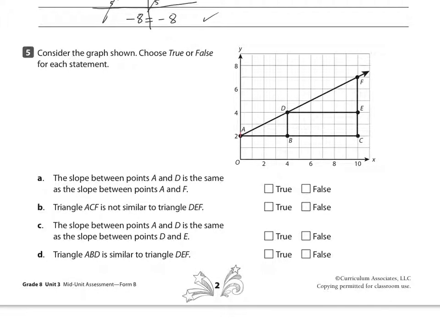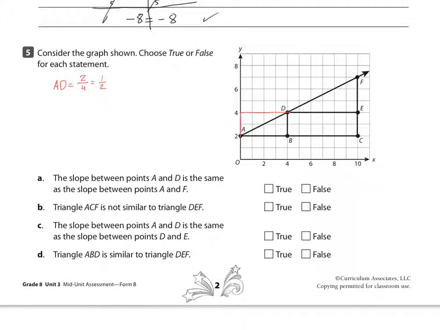So you're going up 2 units and then moving 4 units to the right. So the slope of AD is going to be 2 over 4, which is the same thing as saying 1/2.